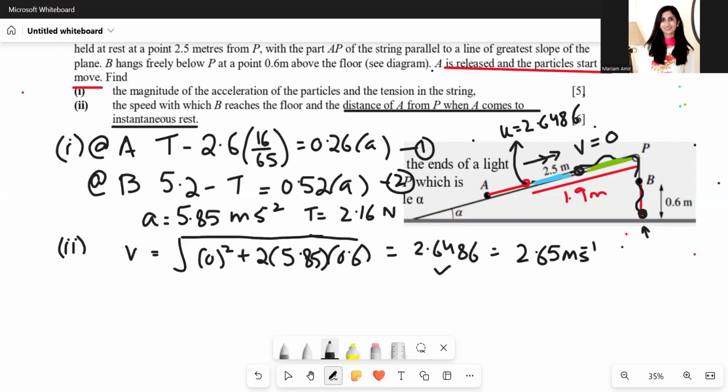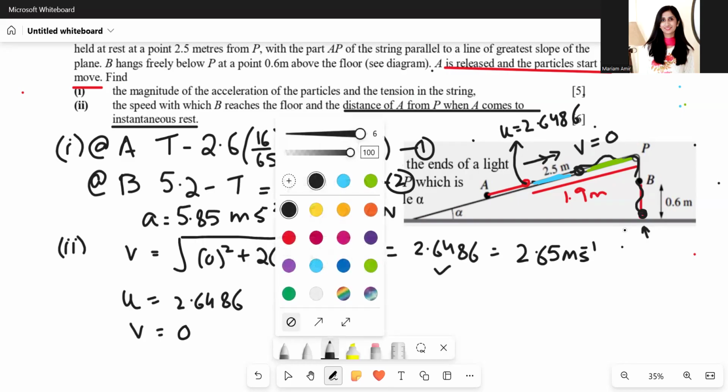For the blue journey, u is 2.6486 and v is 0. We now need the acceleration for this part of the journey, because the acceleration will change. Why? Because the string has gone slack and the tension in the string is now 0, so the forward force becomes 0.